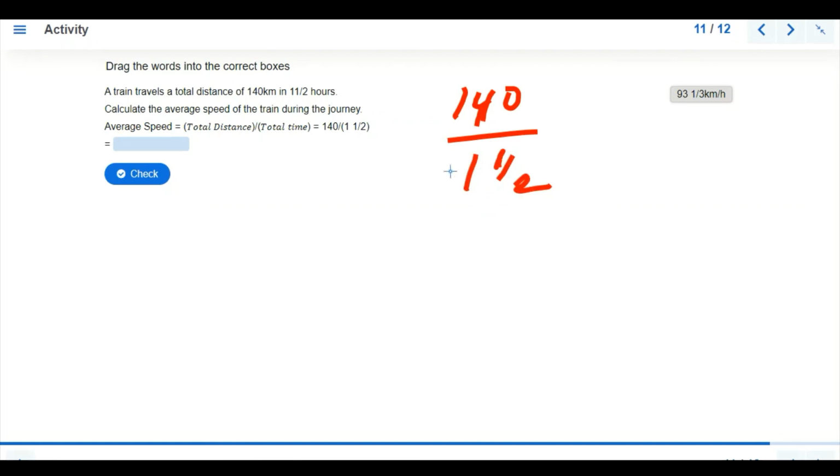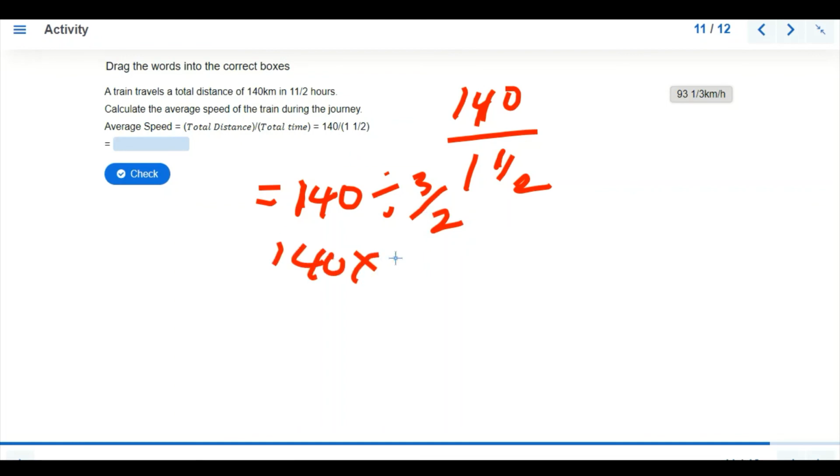Now this is a mixed fraction, so we change it to an improper fraction. So we have 140 divided by 3 over 2. By the time you change that, it's going to be 140 multiplied by 2 divided by 3.